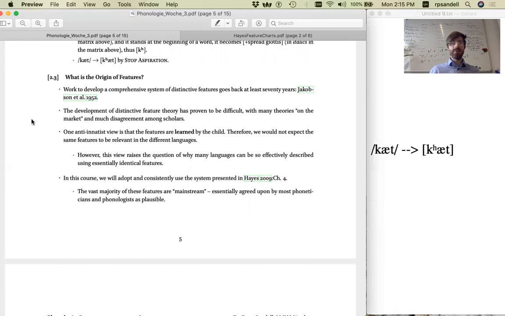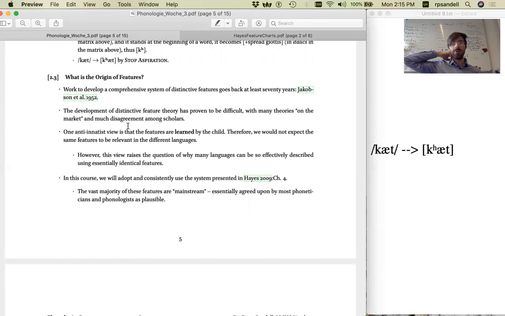Now, I'll briefly mention one view that is contrary to, we'll call this an anti-innatist view, which supposes that all phonological features are learned by children undertaking language acquisition. And under that theory, we would not necessarily expect different languages to make use of the same features.